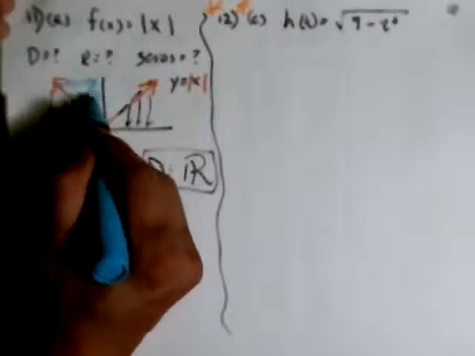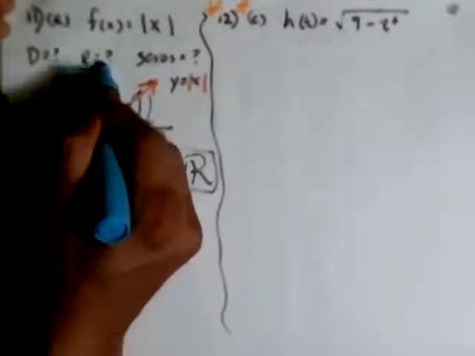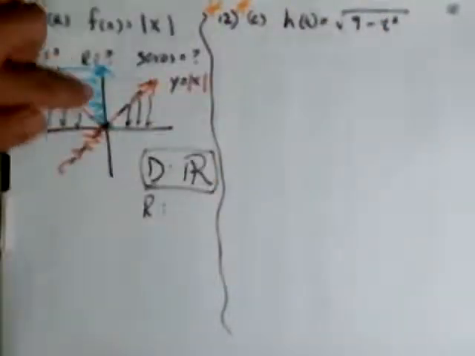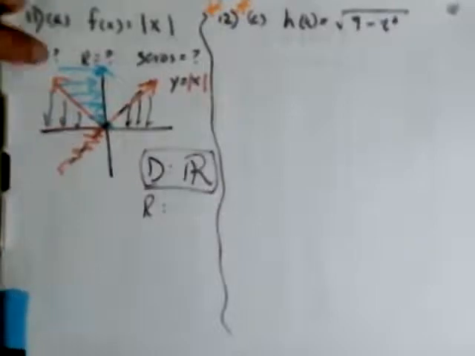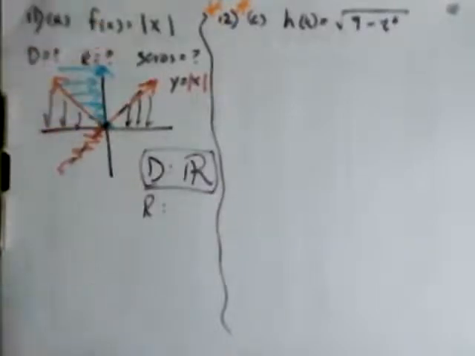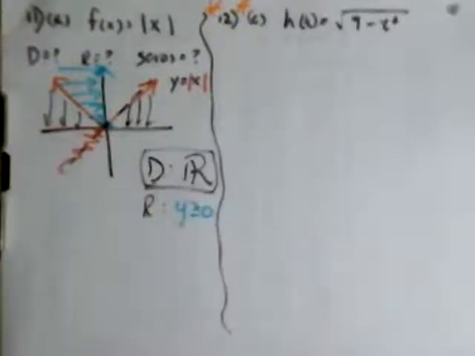It can go here, here, here, here, here, and here. So it's going to be the values going up. If you collapse it this way, along the y-axis, it goes from 0 on up to infinity. It's y greater than or equal to 0. Okay, that's your range of values that comes out.